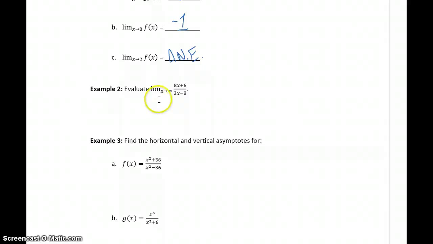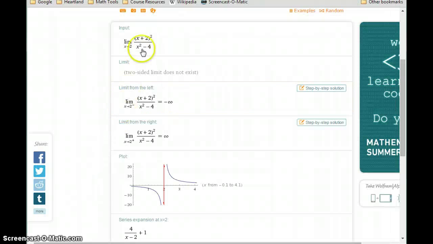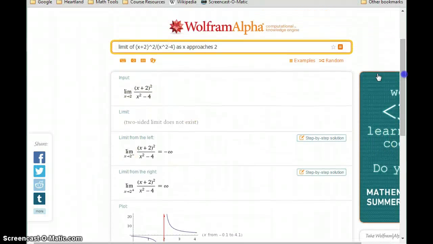We can also look at taking an infinite limit, so we can take the limit of a function as x approaches infinity. In this case, we need to change our function to be the limit of, in parentheses, 8x plus 6 divided by 3x minus 8 as x approaches, and then for infinity, we'll just literally type out the word infinity.